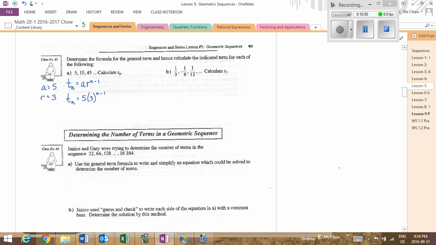So when we're trying to figure out term 9, we can substitute in. Now n is equal to 9. So then that is 5 times 3 to the 9 minus 1, or 3 to the 8th. So we're looking at whatever 5 times 3 to the 8th is. So we want to figure out what 3 to the 8th is, but you should be able to enter that into your calculator, right?